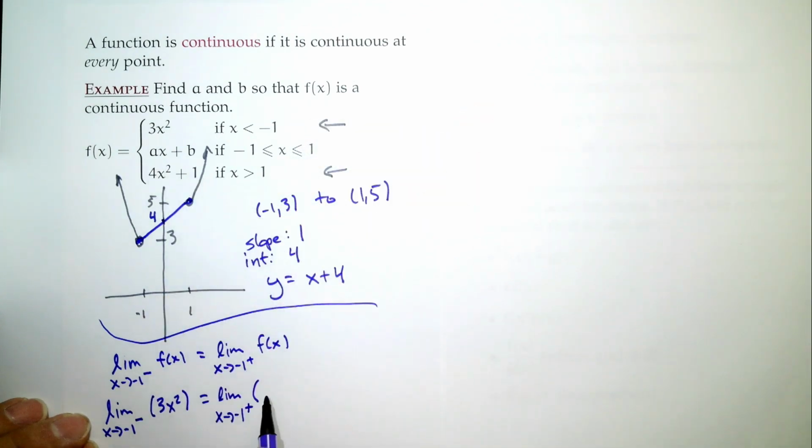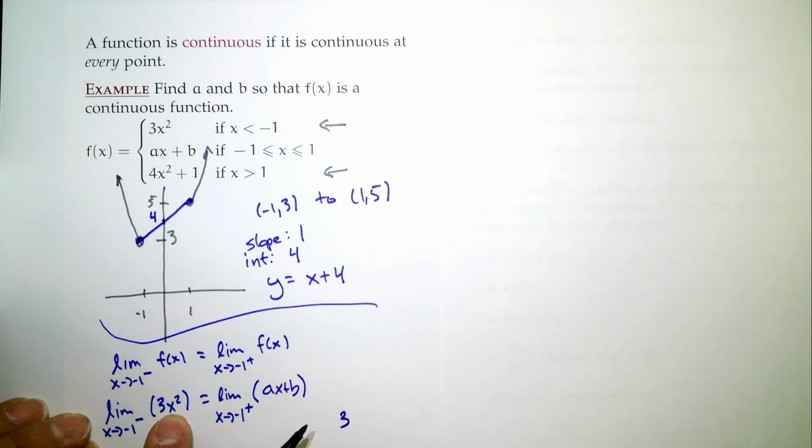So that's the ax plus b. Now if we take these limits, because these are polynomials, we come to the conclusion that 3, which is what happens when I plug in x equals negative 1, has to equal negative a plus b. That's what you would get if you took the limits as x approaches negative 1 from both sides. That's half of your setup.